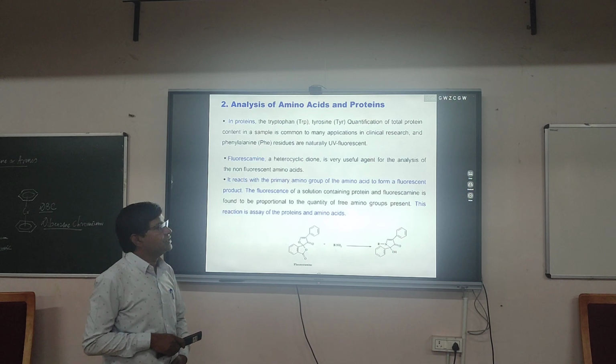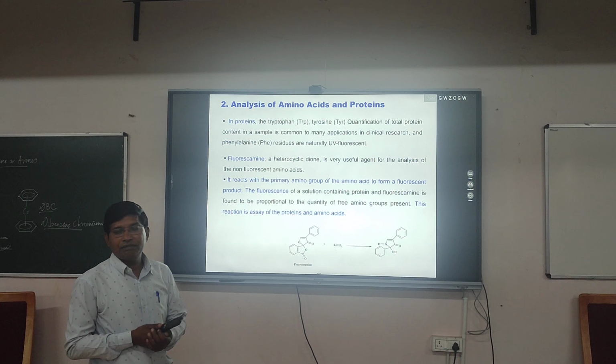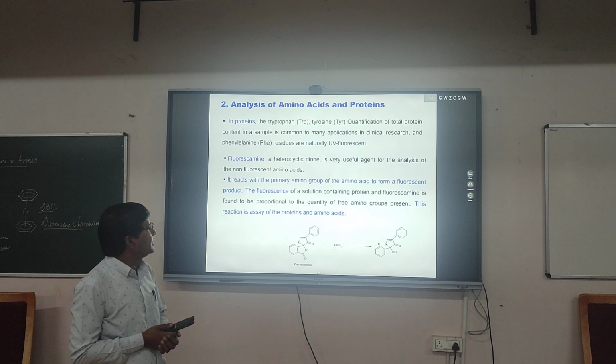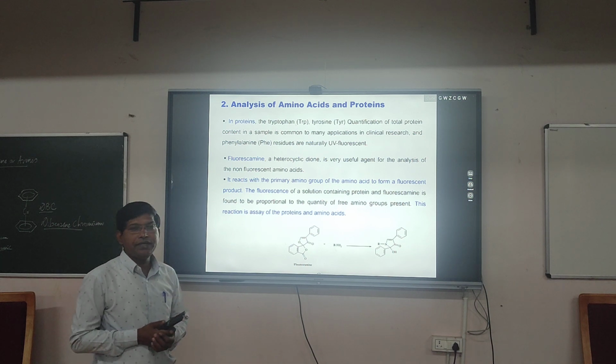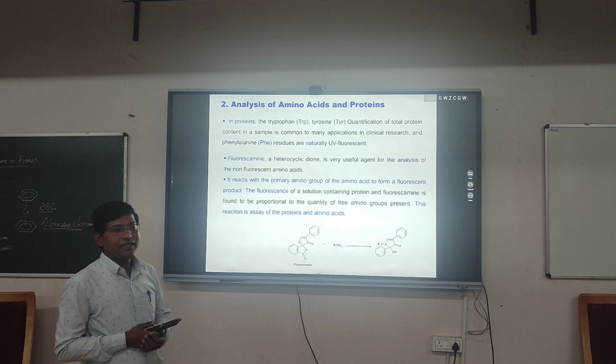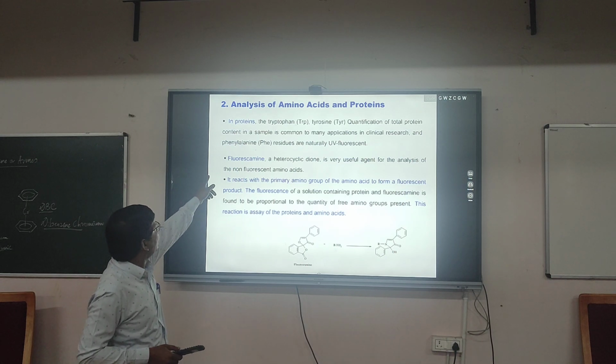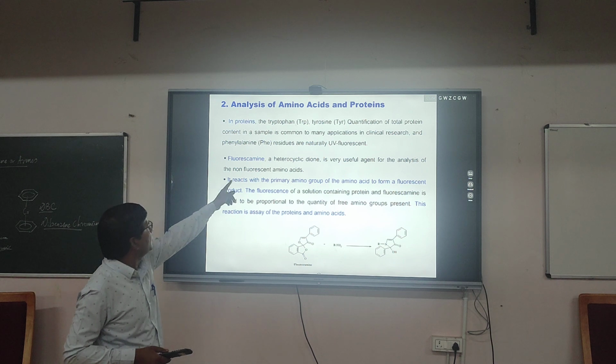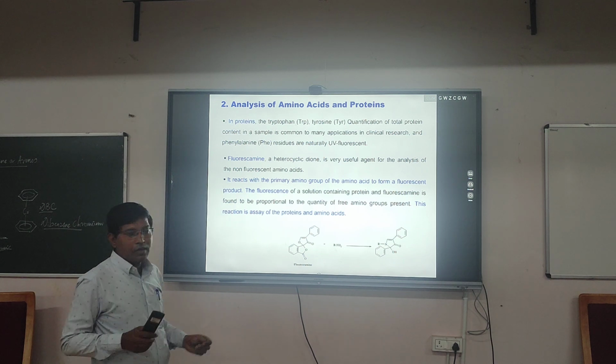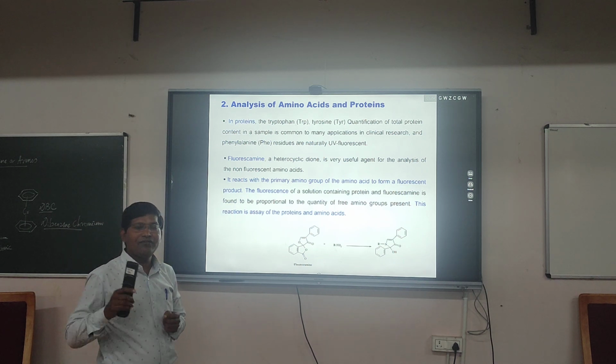Another one is amino acids and protein. If you want to determine amino acids or protein from a biological sample, there are different amino acids that themselves give fluorescence light, or are fluorophores, like phenylalanine. Some of the amino acids are non-fluorescent.